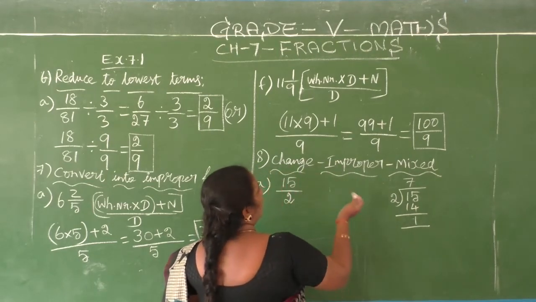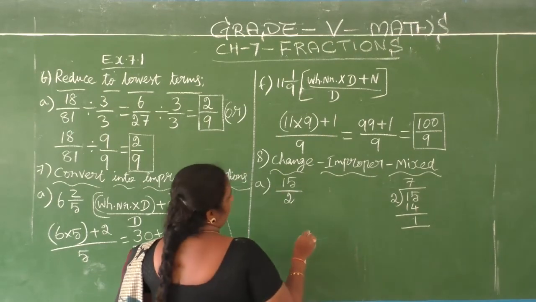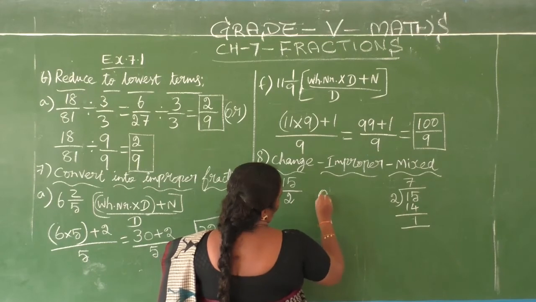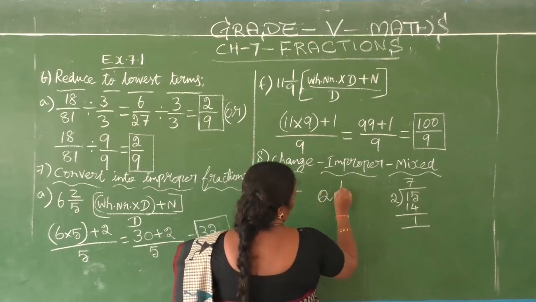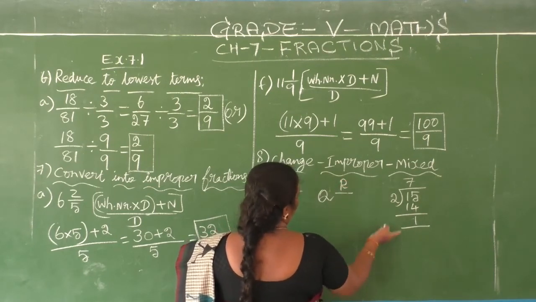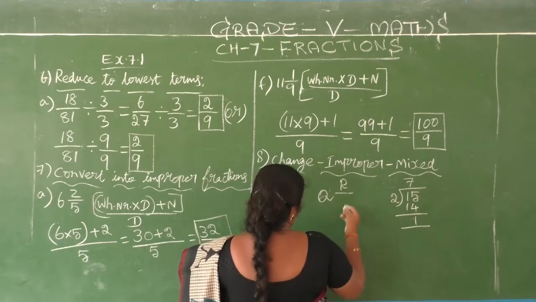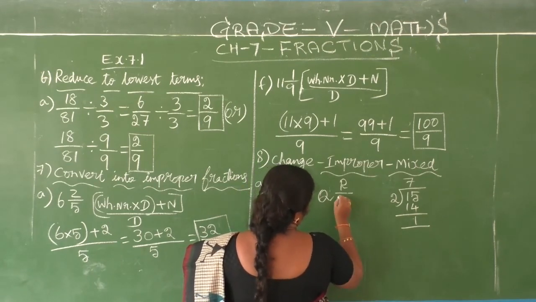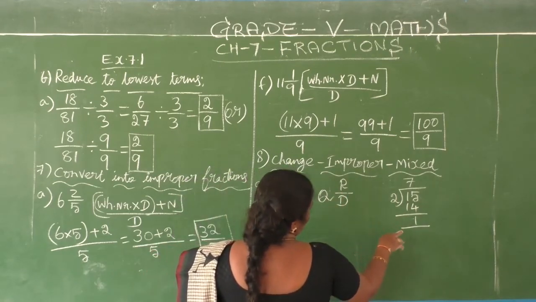Now how do you write it as a mixed fraction? The formula is: the quotient is the whole number, the remainder goes to the numerator, and the divisor comes as the denominator. Now you write the mixed fraction.